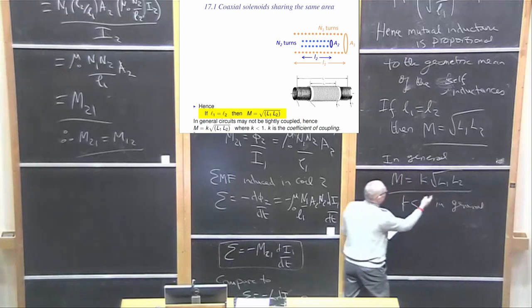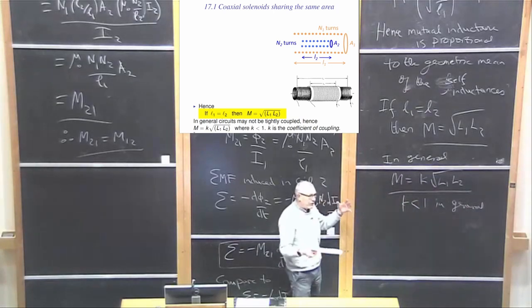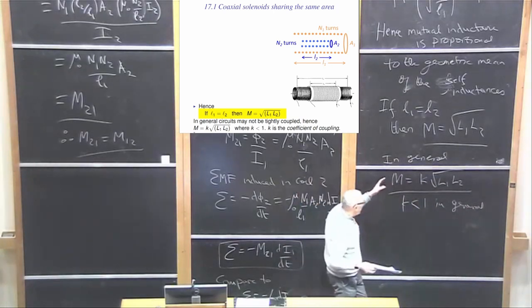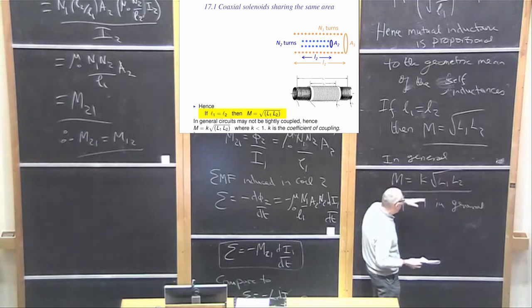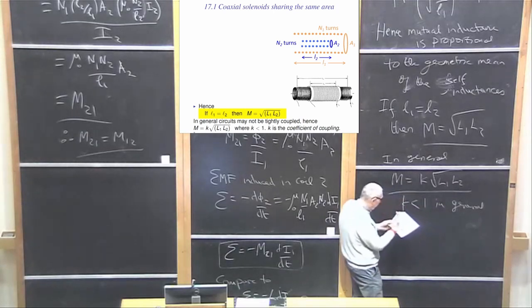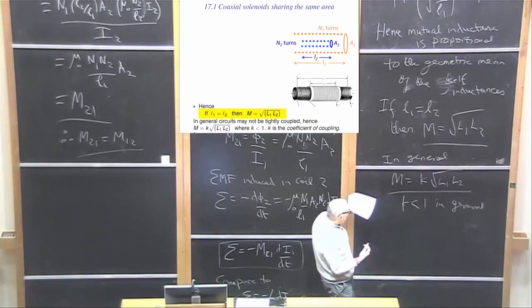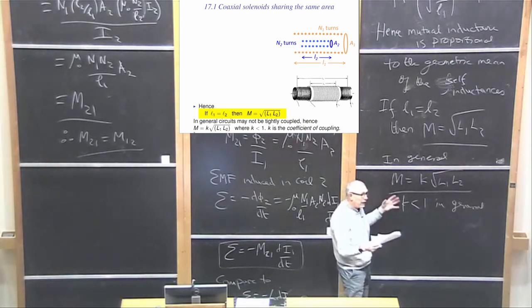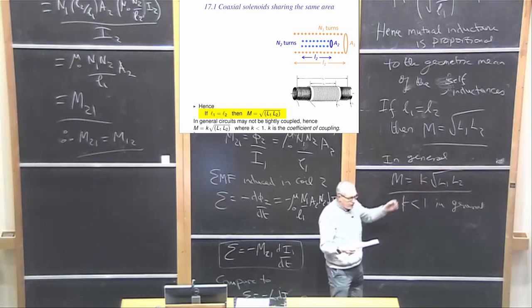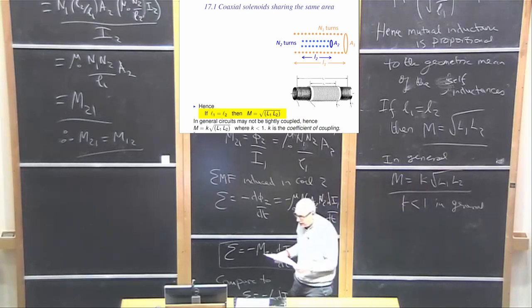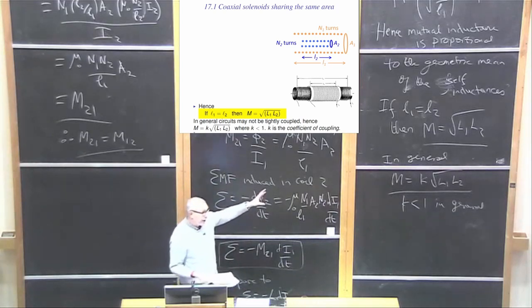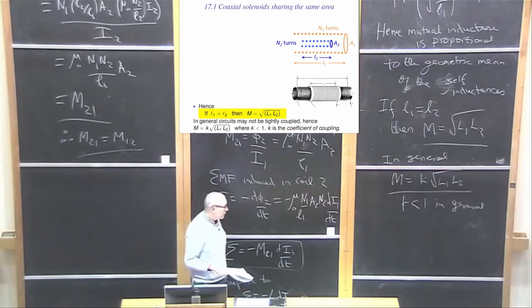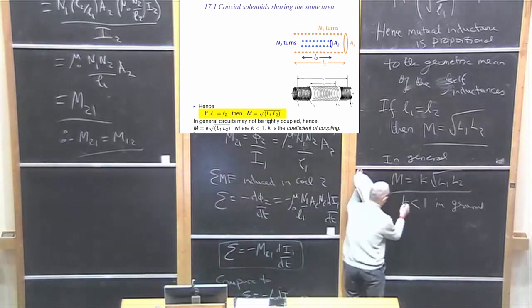Because if it were bigger than 1, then you can't get more mutual inductance than the product of the self-inductances themselves. Right? So K is at most 1. It's called the coefficient of coupling. If the coils are completely linked, then the coefficient of coupling would be 1.